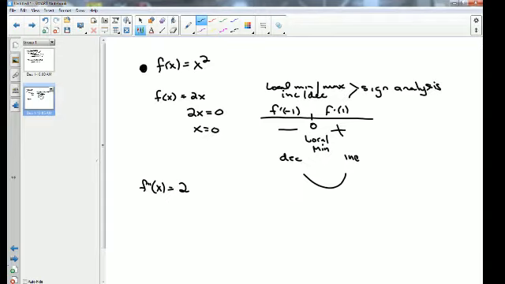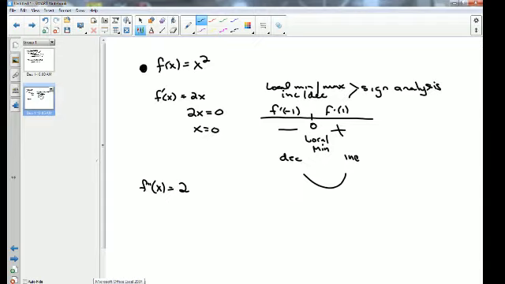Yes. When we do a sign analysis with the derivative, we always plug into the derivative. If I were doing the second derivative, sign analysis for concavity, I would plug into the second derivative. So sign analysis always goes with the level that you're working at.